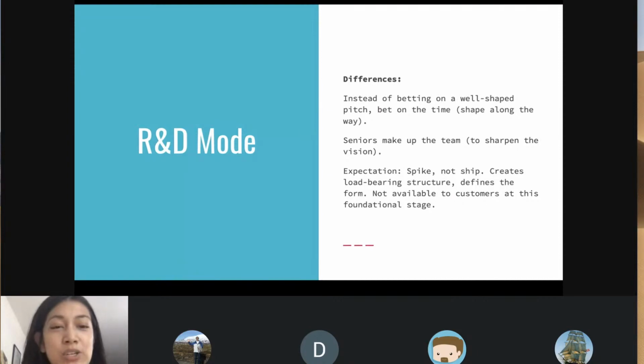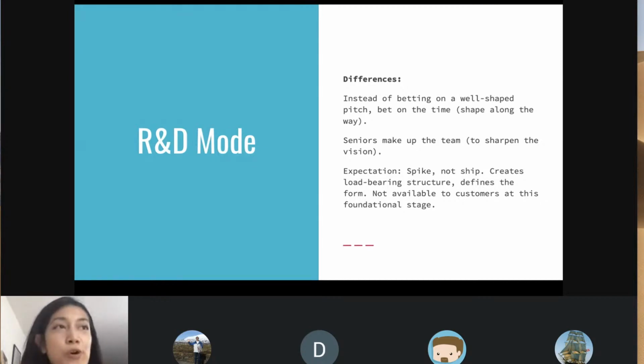So it is limited to only seniors at this stage, like the CTO and maybe a senior designer. There are no hard technical specifications or anything, and the expectation is to spike and not ship.